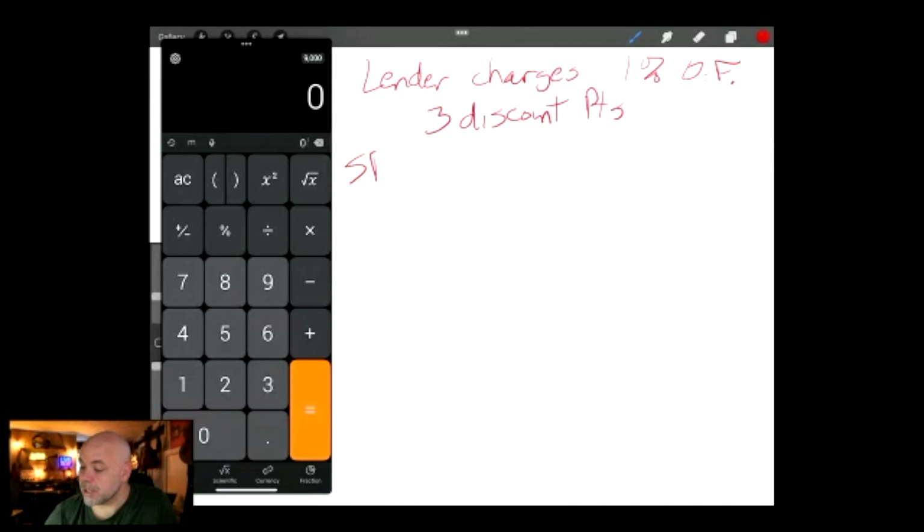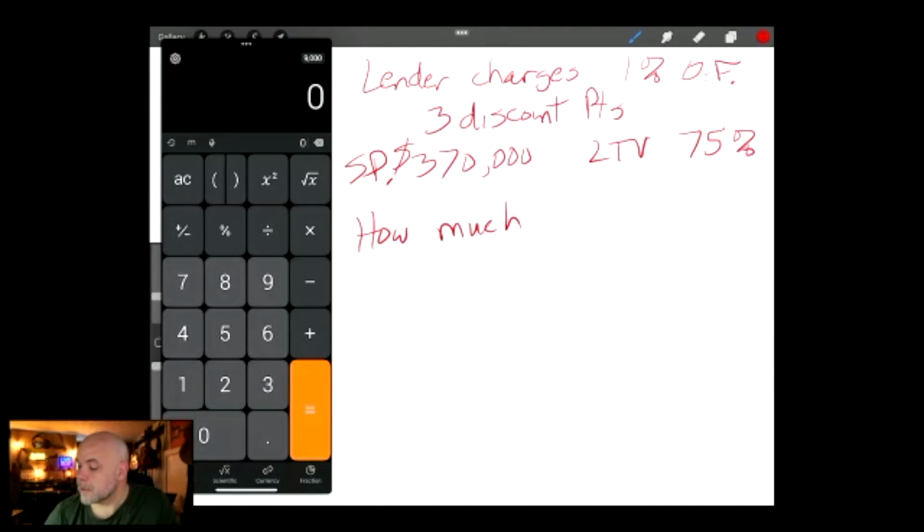Let's say a sale price of $370,000, the LTV of 75%. How much is the borrower paying for both origination fee and discount points combined?